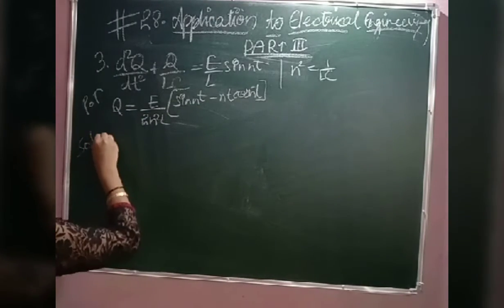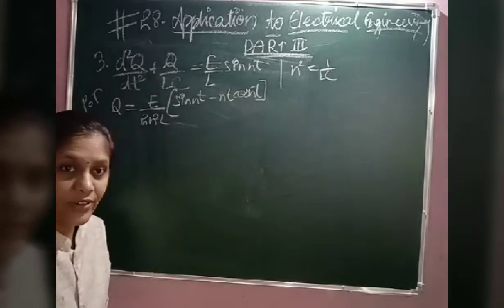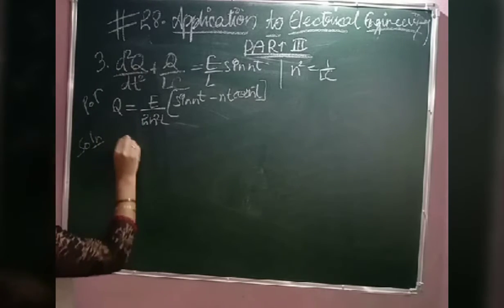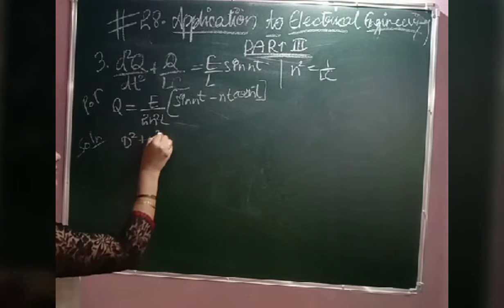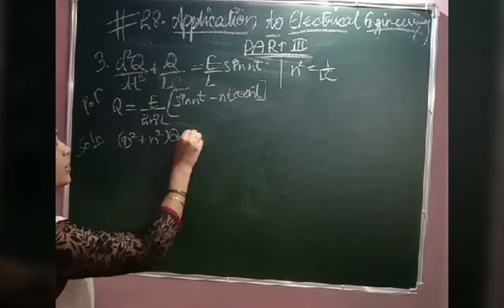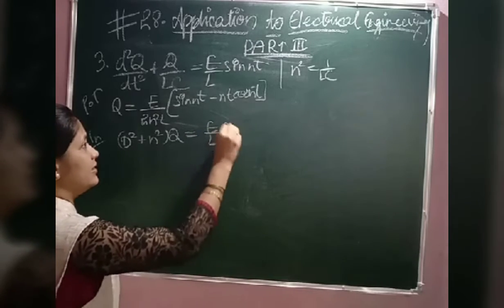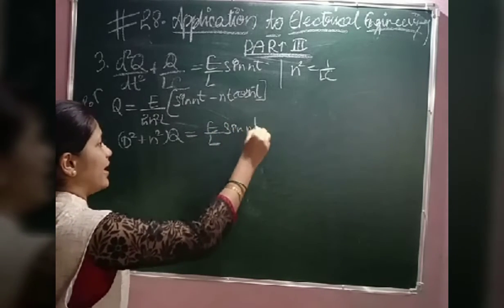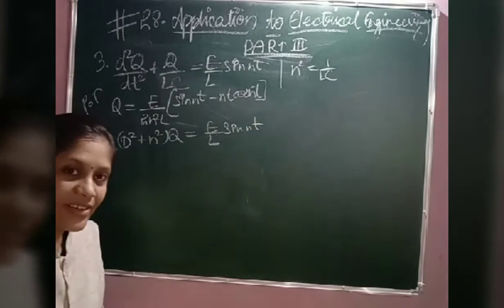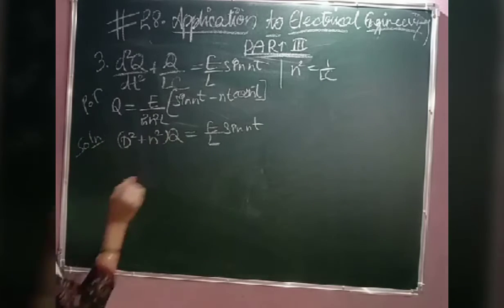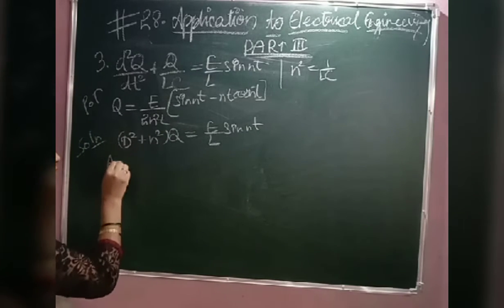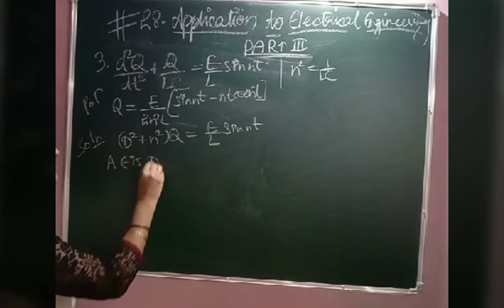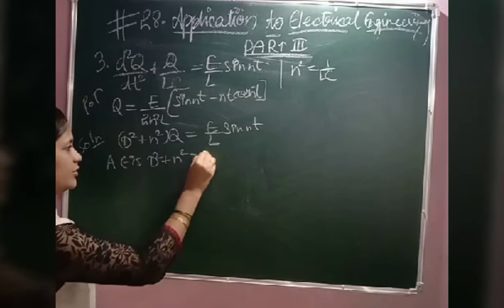Solution: given differential equation, putting N square equal to 1 by LC. This can be written as (D square plus N square) Q equal to E by L sin Nt. So this is our given differential equation. Let us find the CF. The auxiliary equation is D square plus N square equal to 0.